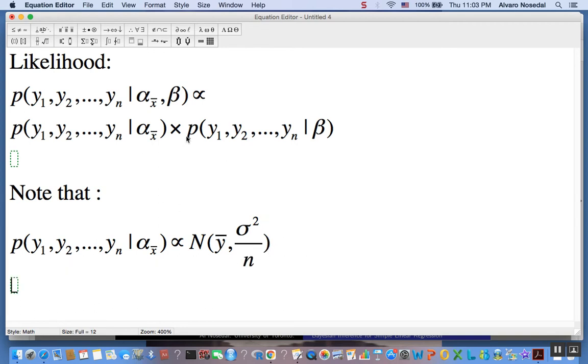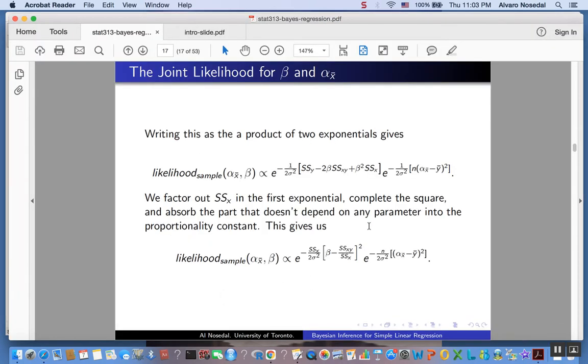On the other hand, the likelihood for beta is proportional to another normal, but this one with a different mean and different variance. The mean is going to be this guy, SSXY divided by SSX, and the variance sigma squared divided by SSX. Okay?